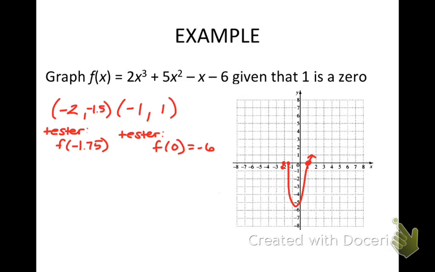Okay, let's redo this then. 2 times negative 1.75 to the third plus 5 times negative 1.75 squared. I'm making sure I put parentheses around my negative 1.75 every time I take it to an exponent. Oops, and I didn't do something right. All right, is anybody getting 0.34375?